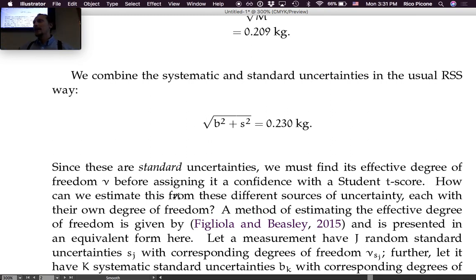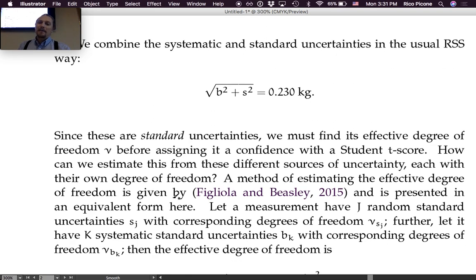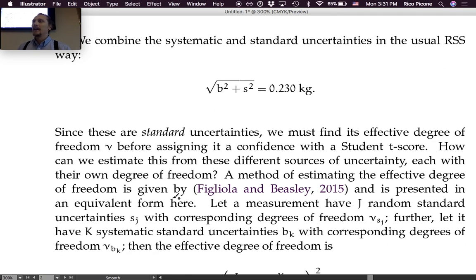The one we got from NIST was just handed down from God himself. So we assume that they had a large degree of freedom, a large sample. So infinite, 23, and 10. And so we have to estimate what our nu is, what our degrees of freedom is in this value.